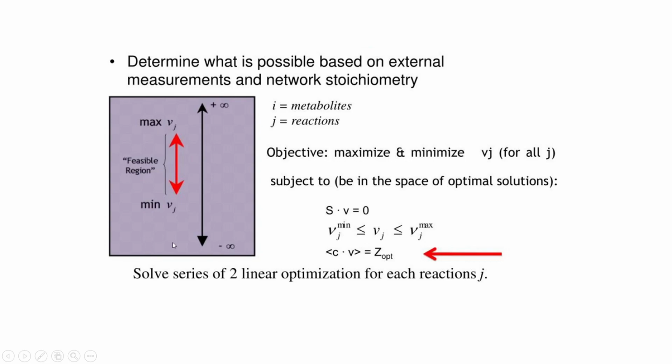You have a solution space between your max and minimum, and this is your feasible range, and it determines what is possible based on external measurements and network stoichiometry. And you have an objective function. You minimize or maximize this subject to these constraints. S·v equal to 0 will be your steady state approximation. Your v_j is lying between this range, and basically c^T·v will be your Z optimal. And you solve this series of two linear optimizations for each reaction.